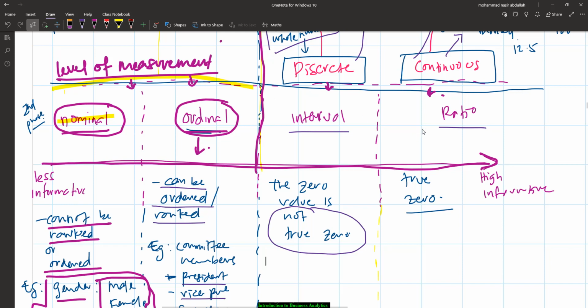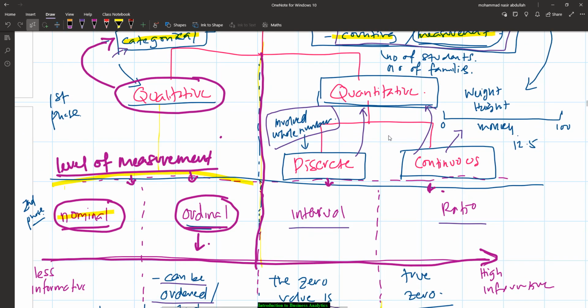So in ratio scale, it has a true zero. True zero means that zero is a true zero. Do you understand? It means when you say you have no money in your pocket, currently you don't have money, it means RM0. No money.